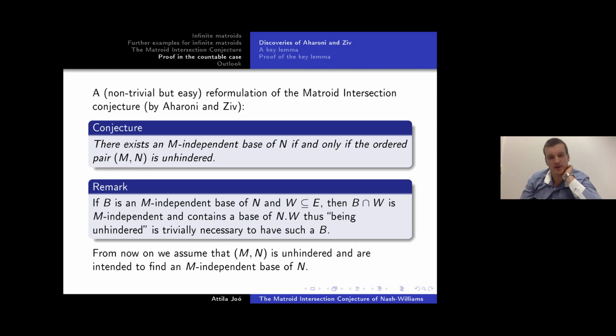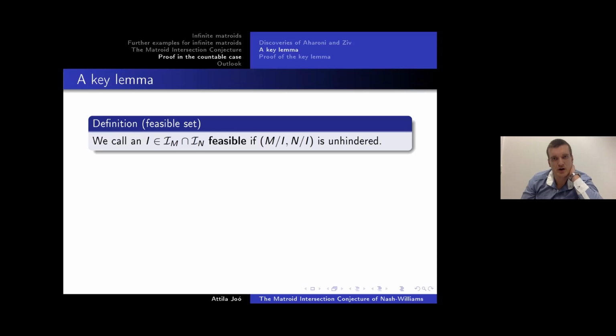Okay, so from now on, we assume that this pair is unhindered, and we want to find an M-independent base of N. And this is now the new part. So that was the end of Aharoni's if part.